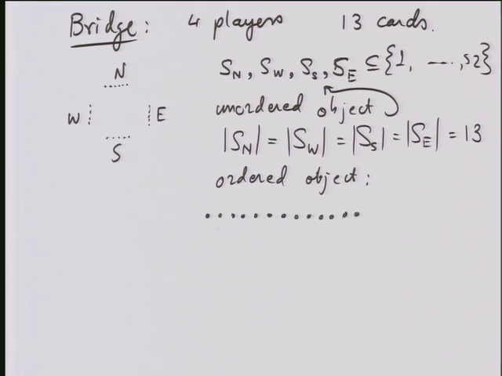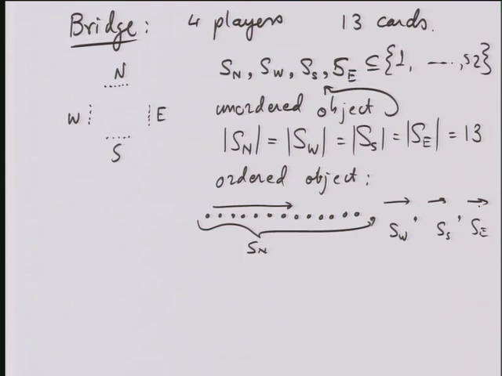So that's S sub n, except it's ordered in this way. And similarly S sub w, S sub s, S sub e. You just order each of these in a certain way. And now if you take two of these elements and swap them, if you move this one there, you'll call that a different object.